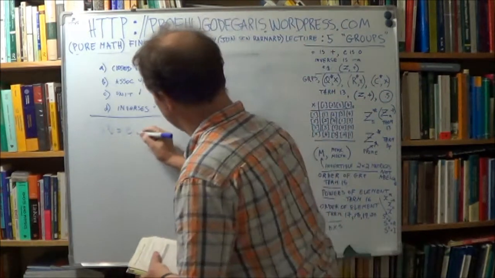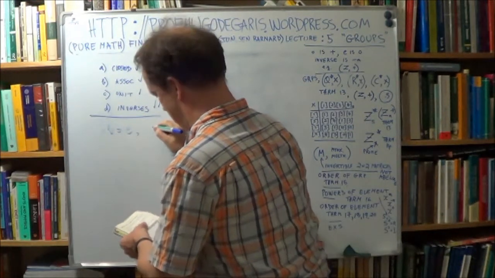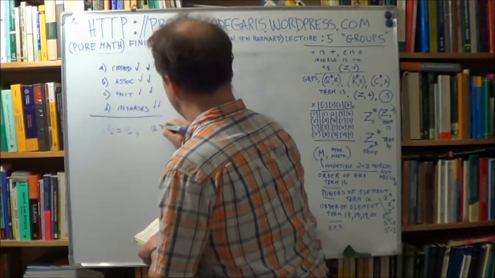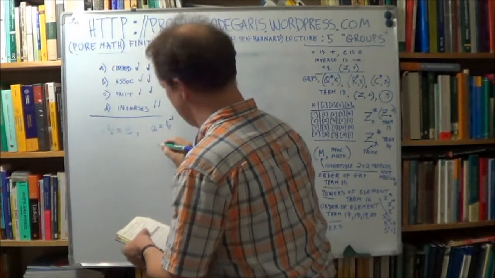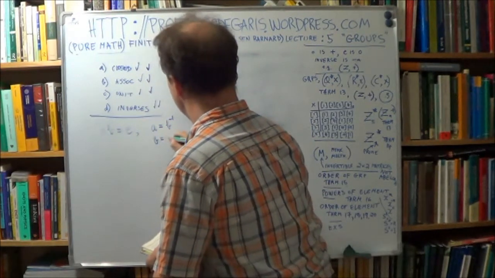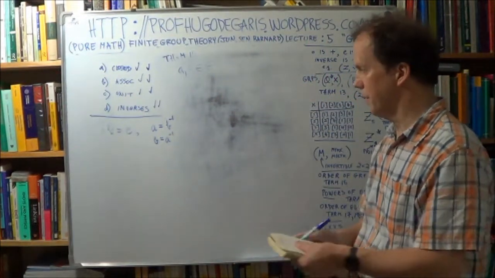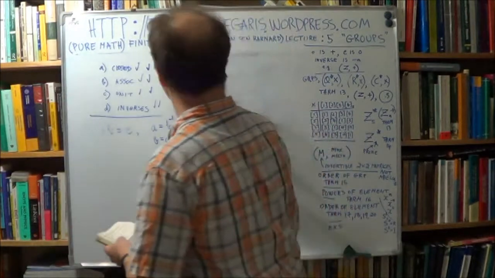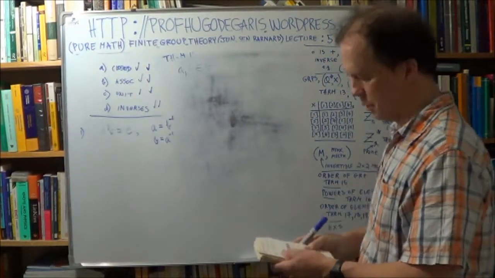Well, you can conclude that A is the inverse of B, and you can also show that B is the inverse of A. Okay? So that's part one of theorem 15 in the textbook.